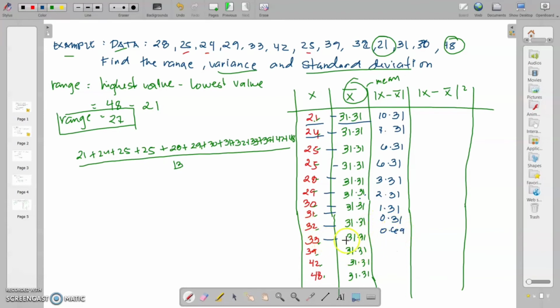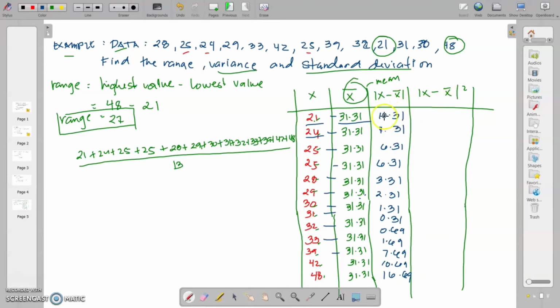Next is 33 minus 31.31 equals to 1.69. Then 39 minus 31.31 equals 7.69. And 42 minus 31.31 equals to 10.69. And last 48 minus 31.31 equals 16.69.